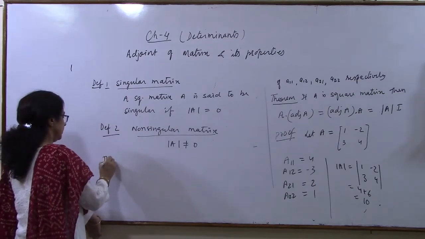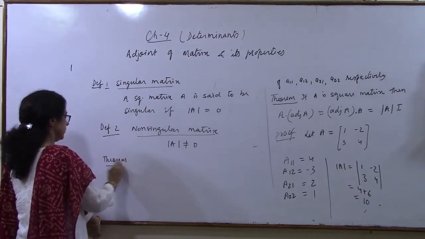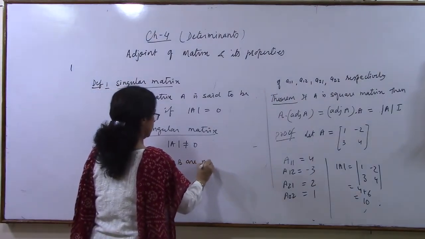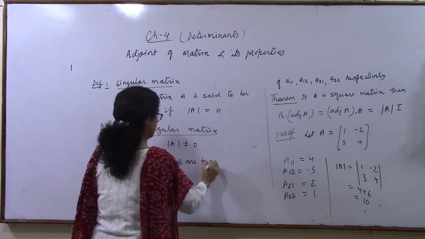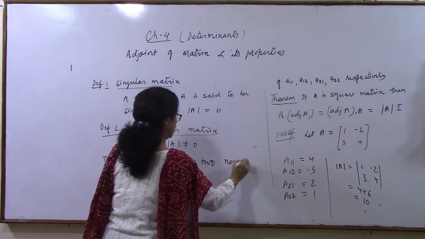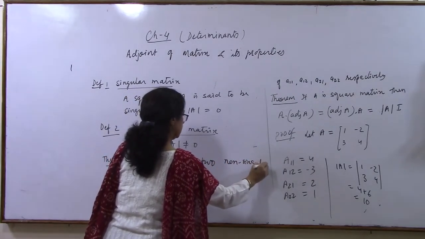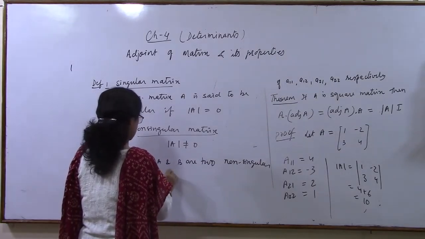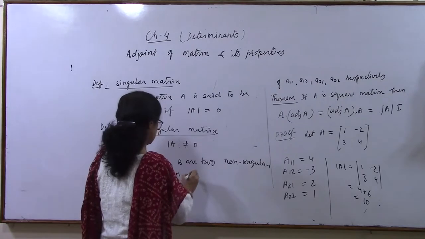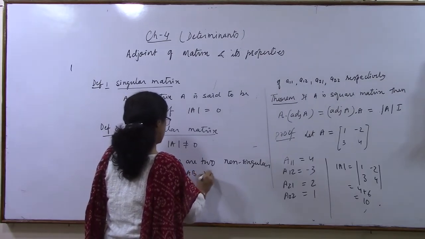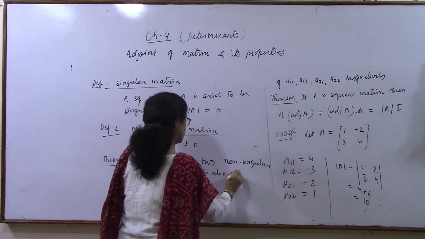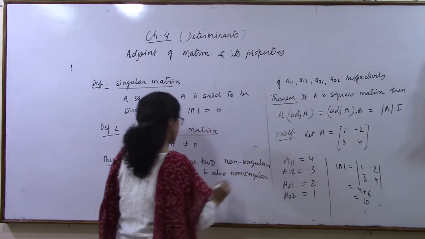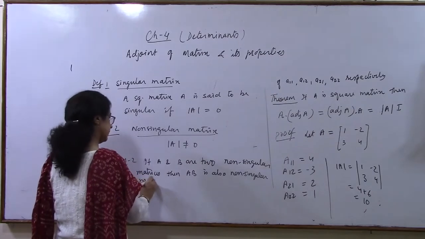Then theorem 2: if A and B are two non-singular matrices, then AB is also non-singular, that is, their product is also a non-singular matrix.